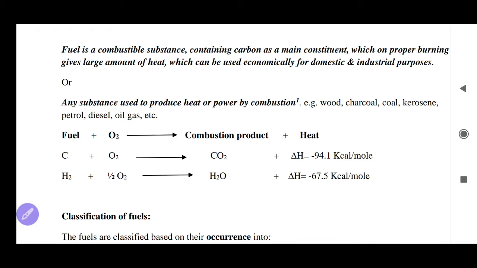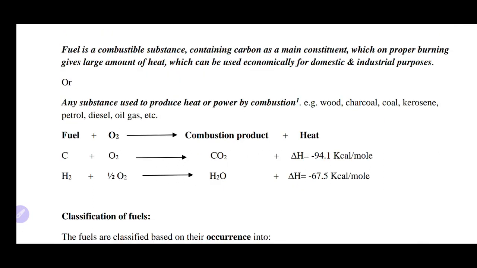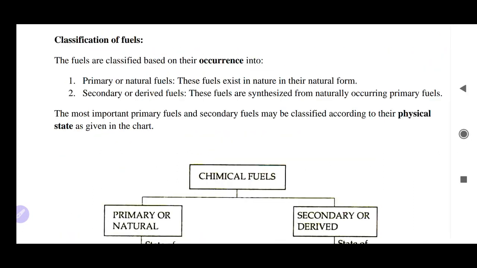Let's go for the next classification of fuel. Fuels are classified based on their occurrence into primary or natural fuels and secondary, that is, derived fuels. Primary means those fuels which exist in nature in their natural form.